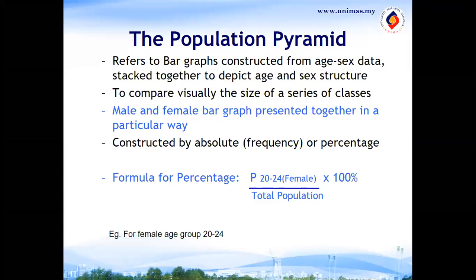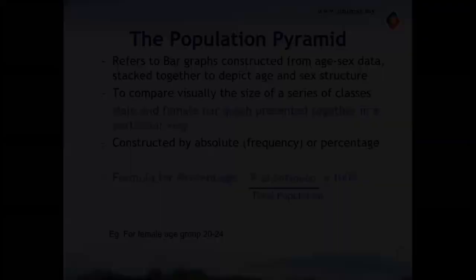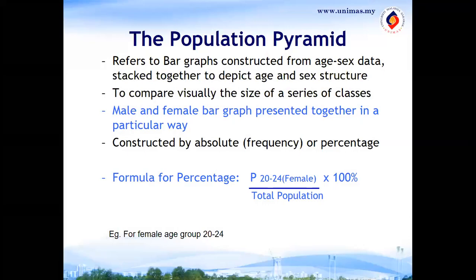Kita take the data ataupun ambil bilangan yang perempuan yang berumur 20-24 tahun, kita bagi dengan the total population ya of the country, for example ya, total population. Sebagai contoh, kalau katakanlah ya, this is just to illustrate ya.